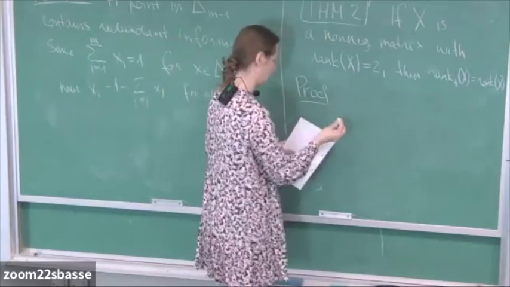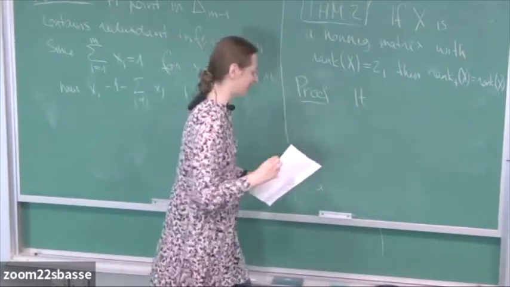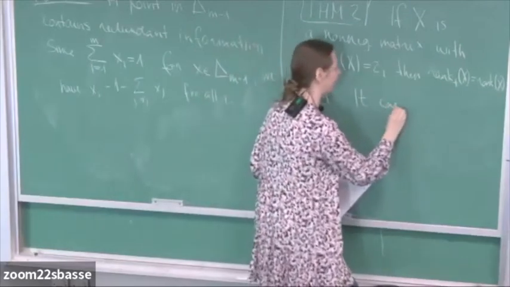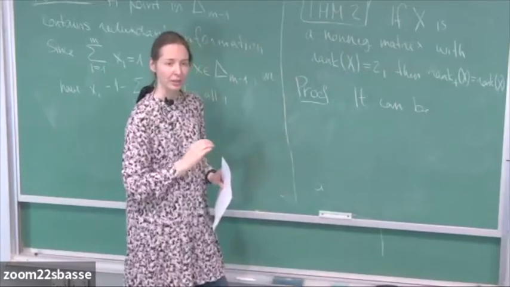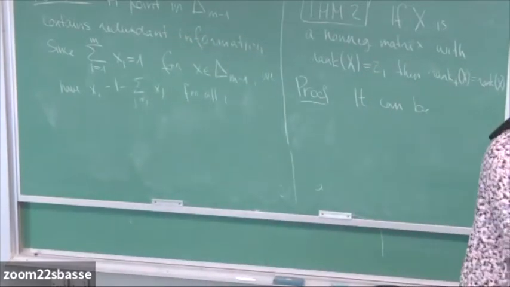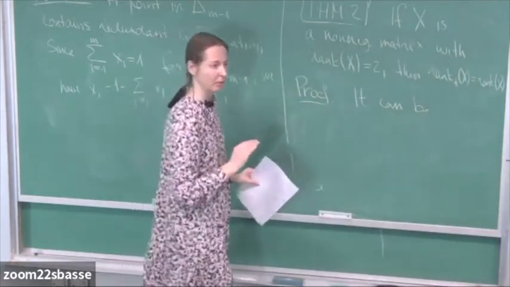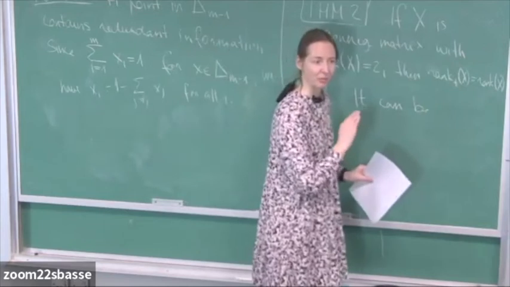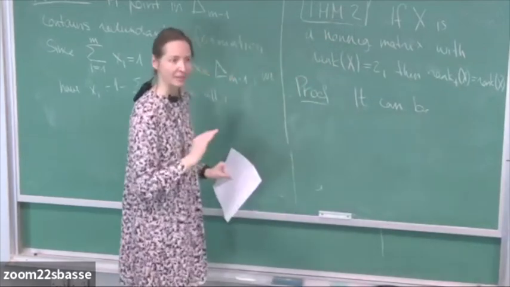Okay. And for the first sentence, you have to believe me. It can be shown in the case when rank of X is 2 that this polytope, the convex hull of theta X, is a line segment. This I'm not proving, and it's not trivial. Let's say it's not very hard, but it's not immediate.